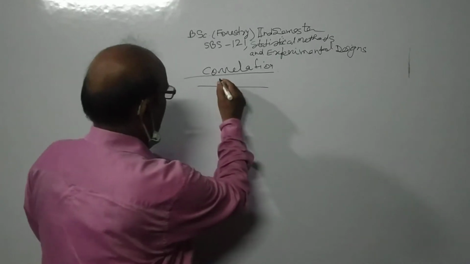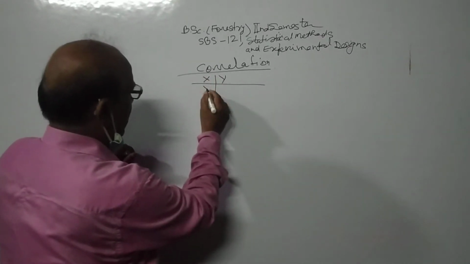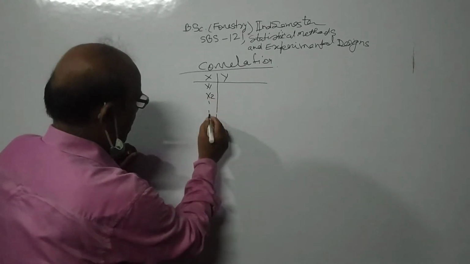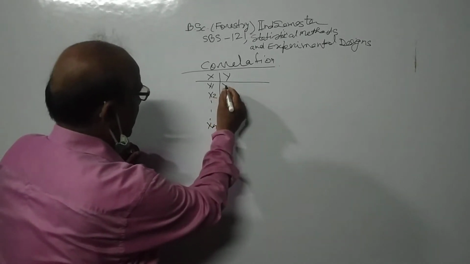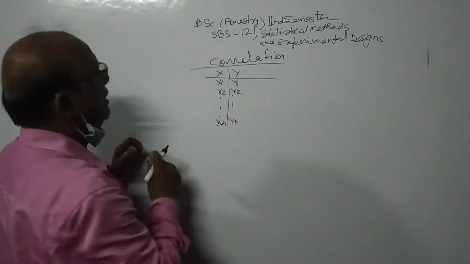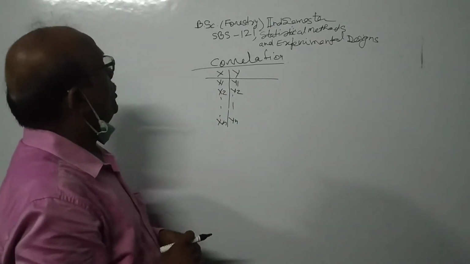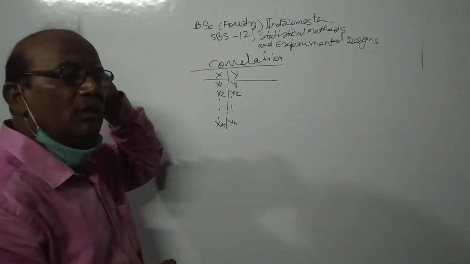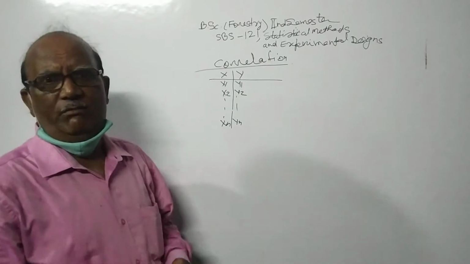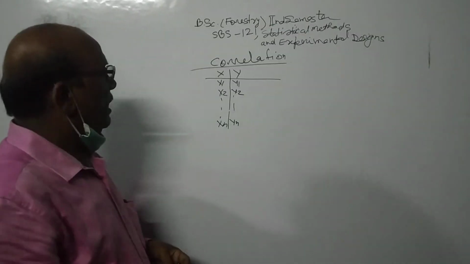Suppose two variables x and y, with observations x1, x2, xn and y1, y2, yn. Suppose this variable is fertilizer dose and this variable is the production of any crop.